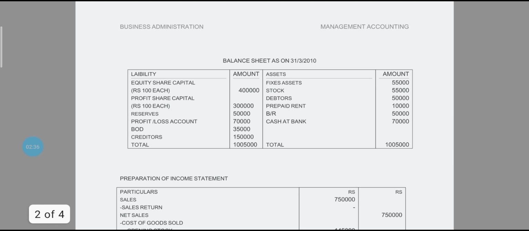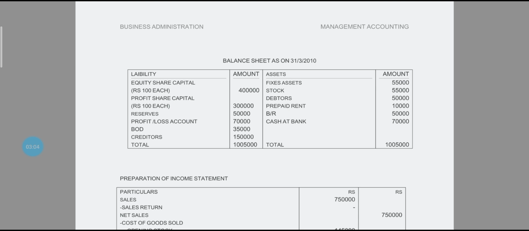liability side: equity share capital of rupees 100 each, 4 lakh rupees; preference share capital of rupees 100 each, 3 lakh rupees; reserves 50,000; profit and loss account 70,000; bank overdraft 35,000; creditors 1,50,000.